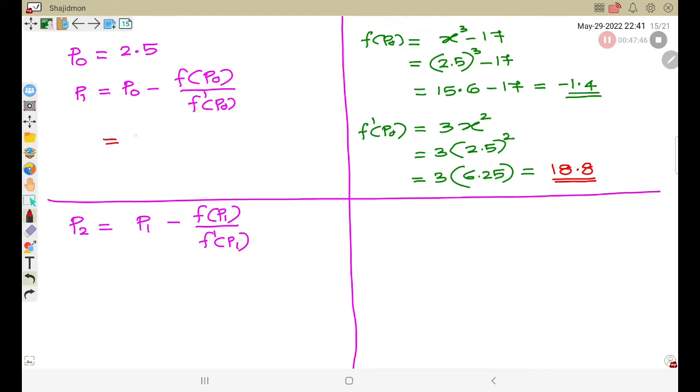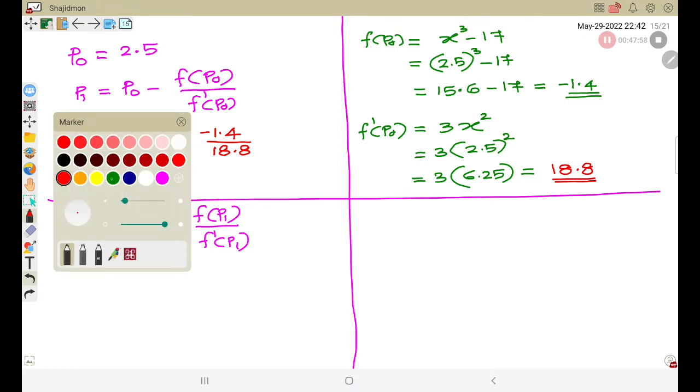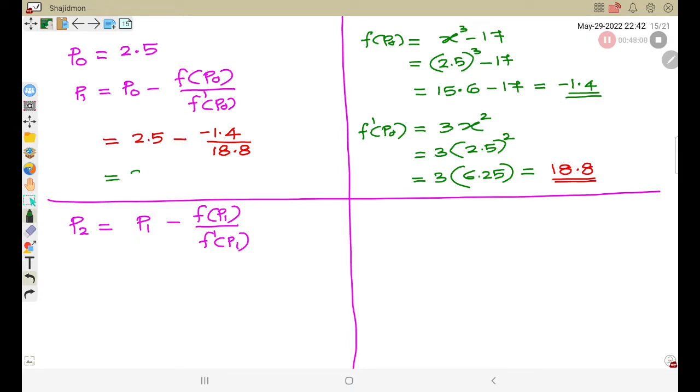So P1 equals P0, which is 2.5, minus f(P0), which is minus 1.4, divided by f'(P0), which is 18.8. So 2.5 minus minus 1.4 divided by 18.8.